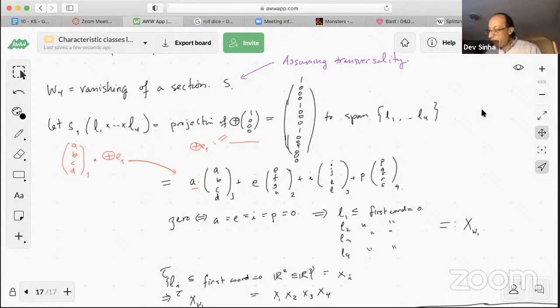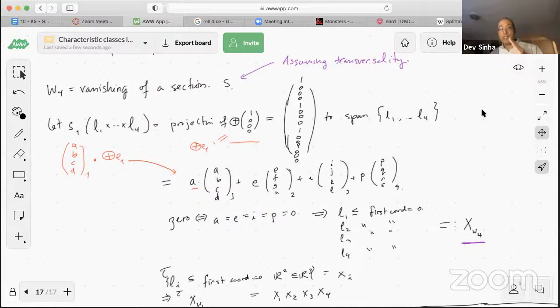our top Stiefel-Whitney class is represented by the places where that's 0. And I'm calling the places where that's 0 X sub W4. Well, that's 0 if and only if A, E, I, and P are 0. But what does it mean for A to be 0?